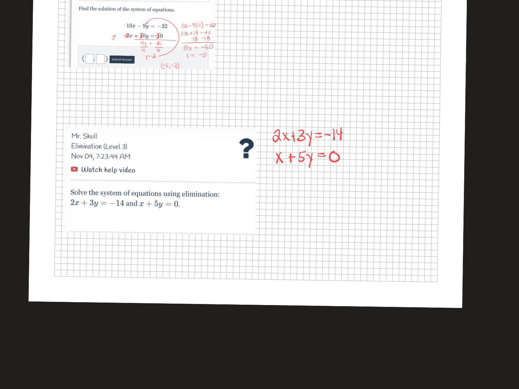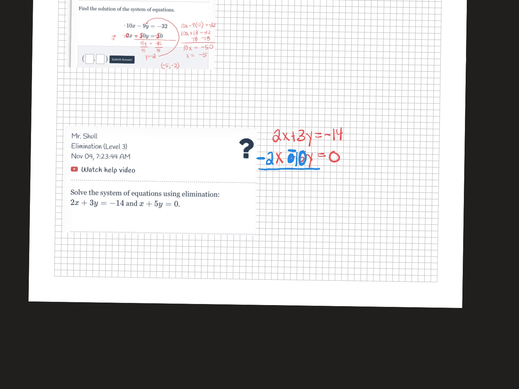I'm going to make everything on the bottom twice as big because I want the x's to cancel out the 2x's. So let's make this 2x, let's make this 10y, and 2 times 0 is still just 0. Let's switch the signs. We'll make this negative, and 0 is just 0.